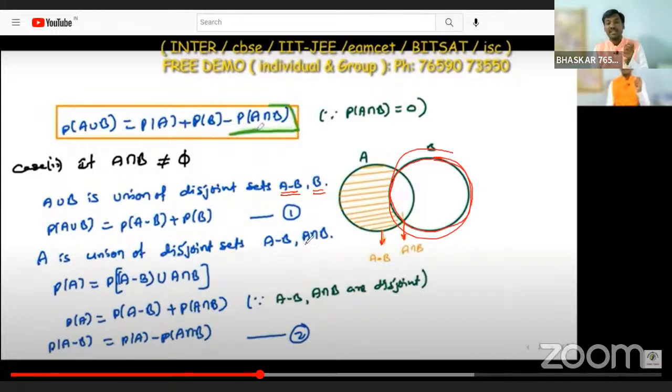Again, A is a set, and this set A is also a combination of two disjoint sets.